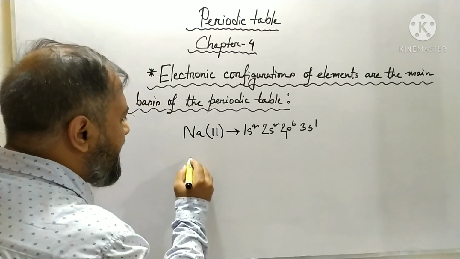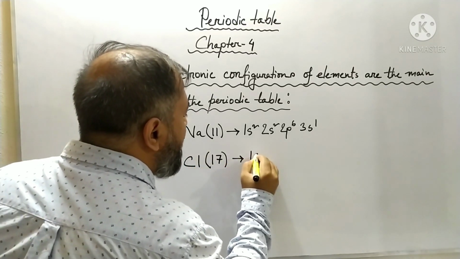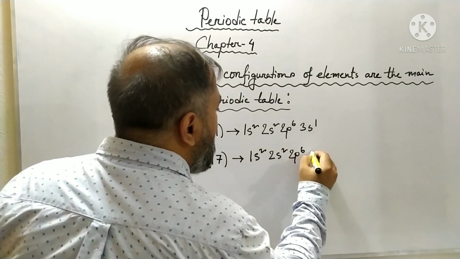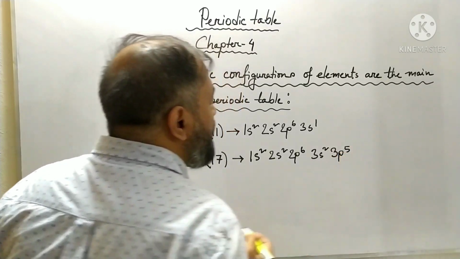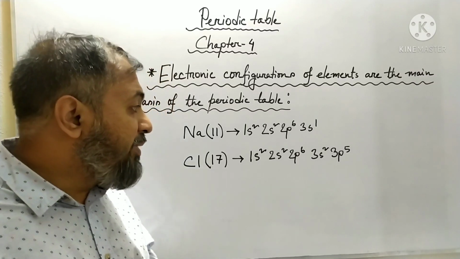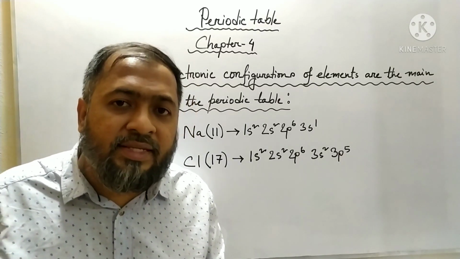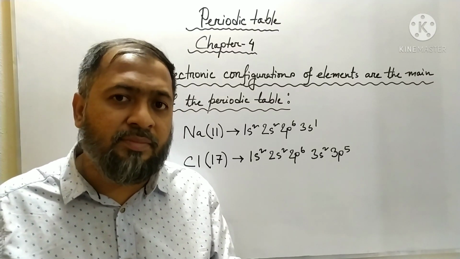On the other hand, you can see chlorine. The total number of electrons in chlorine is 17, and these electrons are distributed in such a way, you can see. So the total number of electrons present in chlorine is 7 in the outermost energy shell. So chlorine has a tendency to receive an electron and become negatively charged.